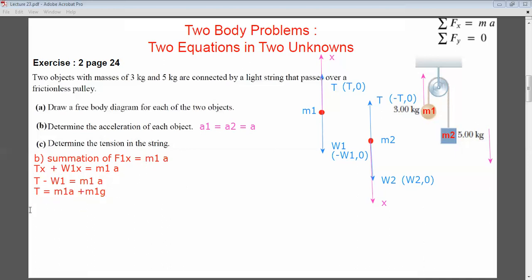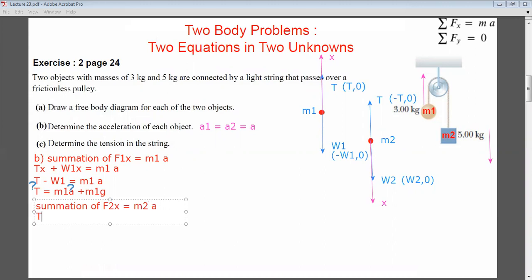Now we do the same for the second object. Notice that in the equation T equals m1a plus m1g, I have two unknowns. T is an unknown and a is an unknown. In order to solve it, I need another equation, and then I can do two equations in two unknowns. This is why I will be doing summation of F2x equal to m2a.